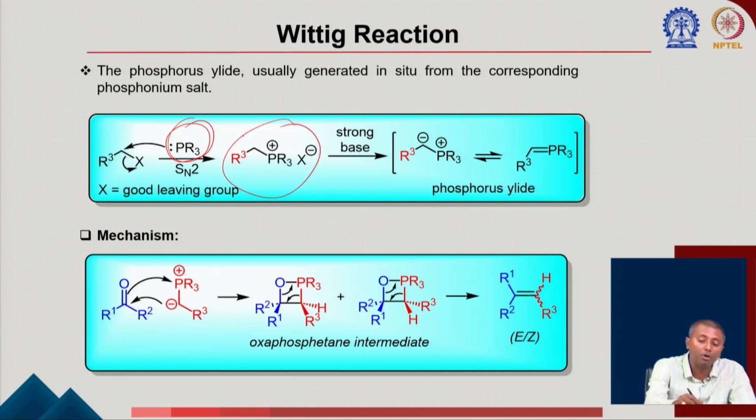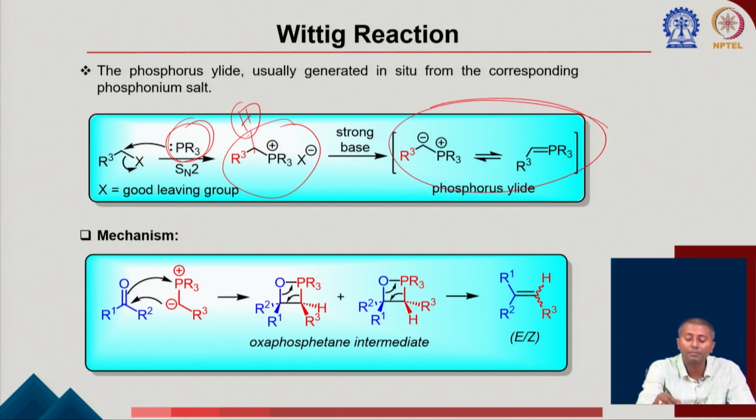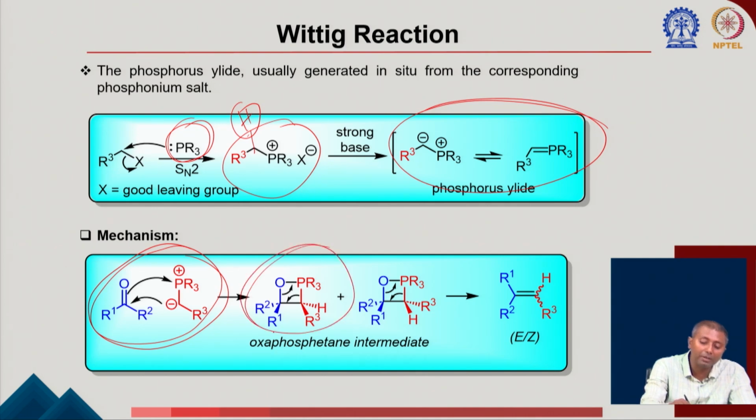Then you have to use a strong base to abstract this proton to generate the phosphorus ylide. Different bases are used, potassium hydroxide, n-butyllithium. Once you have the ylide, you can add it to the carbonyl compound, the ketone or aldehyde, which forms the oxaphosphetane intermediate, an important intermediate.